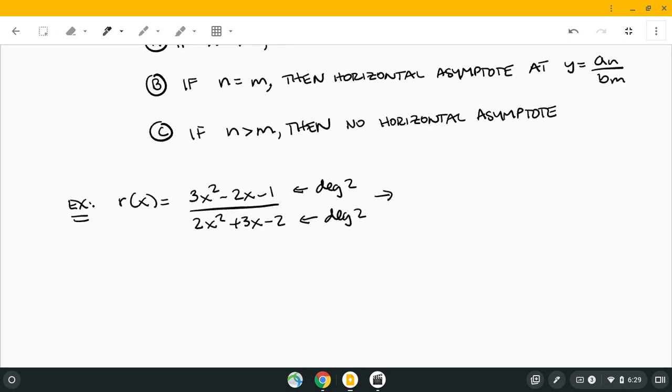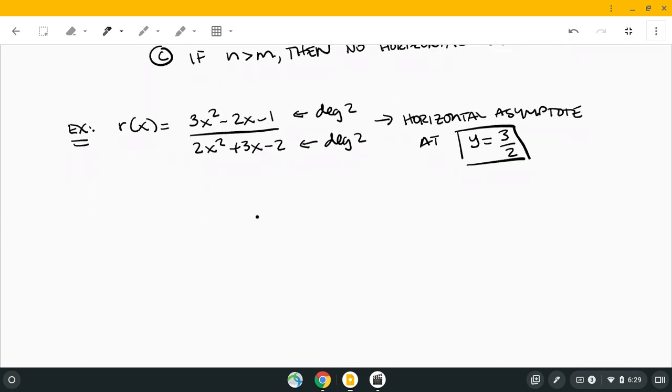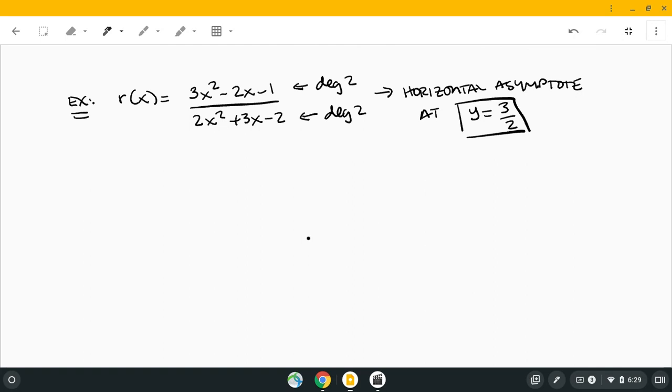And so therefore, we have a horizontal asymptote at y equals 3 over 2. Okay, you have to use the leading coefficient. If they're the same degree, it's 3 over 2.